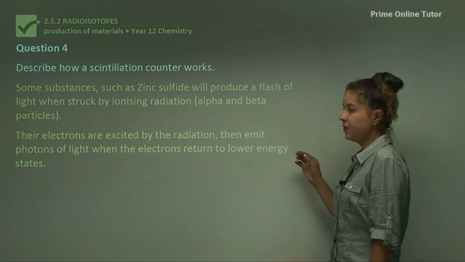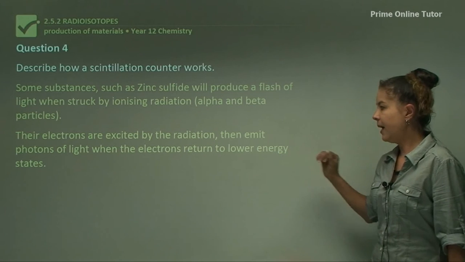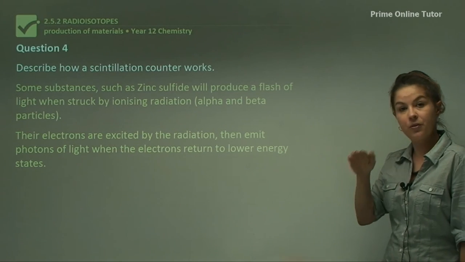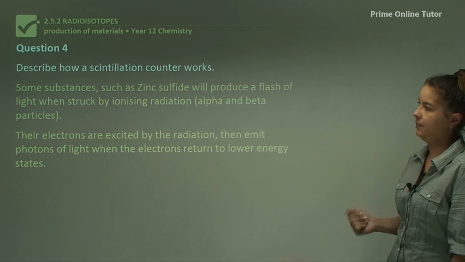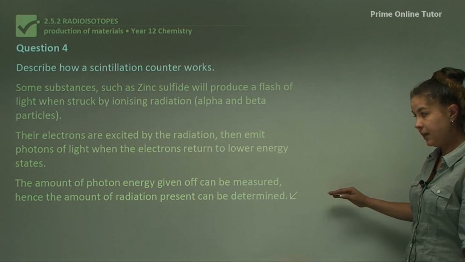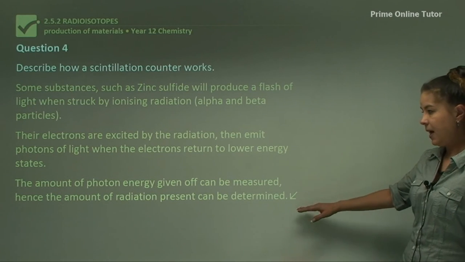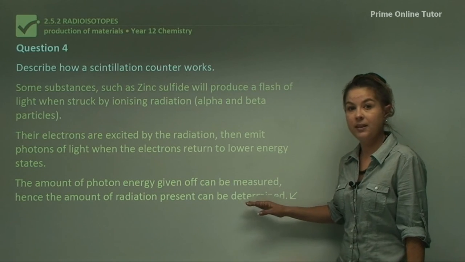Their electrons are excited by the radiation, and when the electrons return to a lower energy state, the photons will be released, and this can be counted. So the amount of photon energy given off can be measured, and there you go, the amount of radiation can be determined using a scintillation counter.